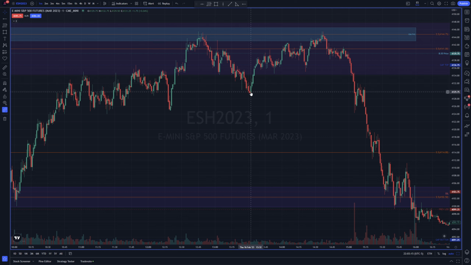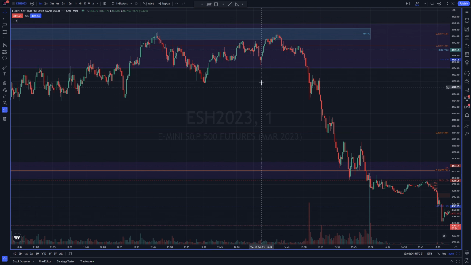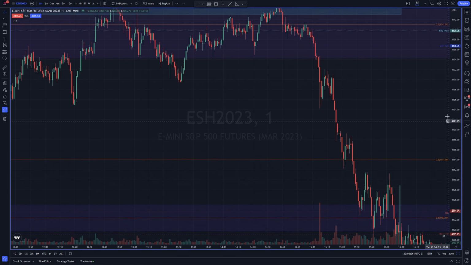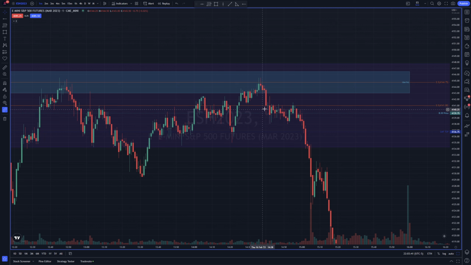Lunch, like I mentioned, it didn't really, like, I guess it swept this low. I was looking for it to take out this one because we had, you know, sort of relative equals here. This one comes down a little further, but so that was interesting. And then when it came back up here, there were a couple entries that could have been had for that.